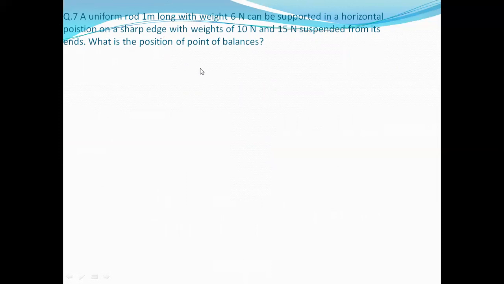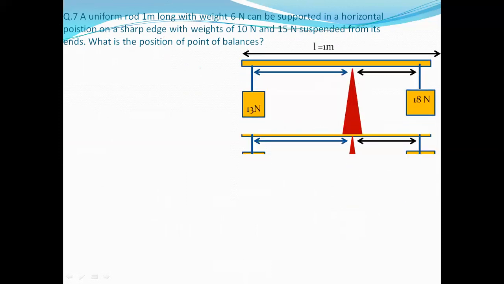First of all, we have to assume what is going on. This is the situation. He's saying that this is the rod and it is being supported on a sharp edge, with two weights of 10 Newton and 15 Newton, but over here it is 13 and 18 because the weight of the rod, which was 6 Newton, was also included.